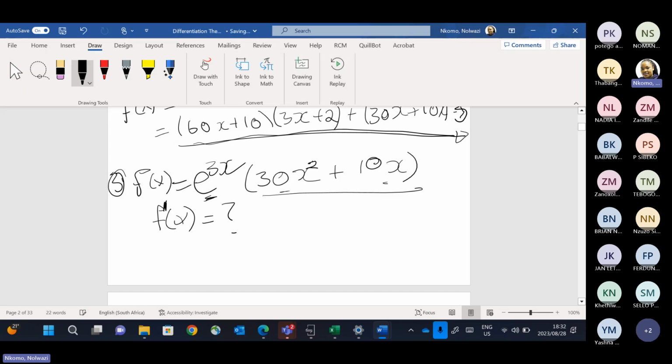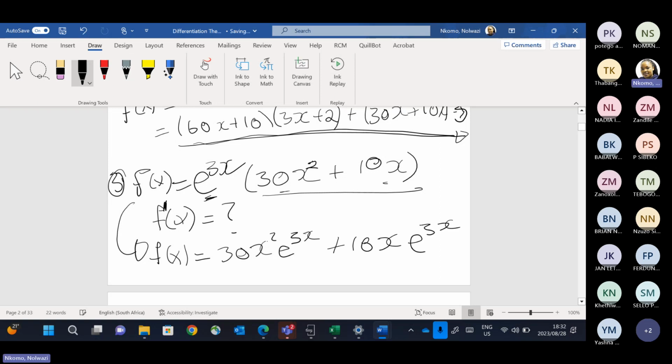Because suppose we first simplify it. I'm just going to simplify it first. If I do that, I will have 30x squared e to the power 3x plus 10x e to the power 3x.